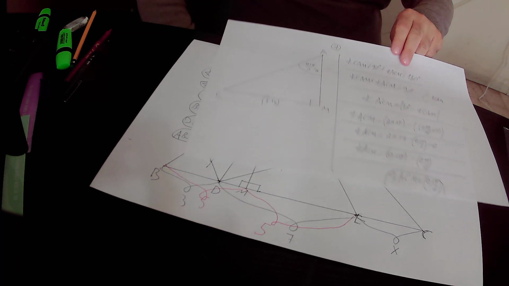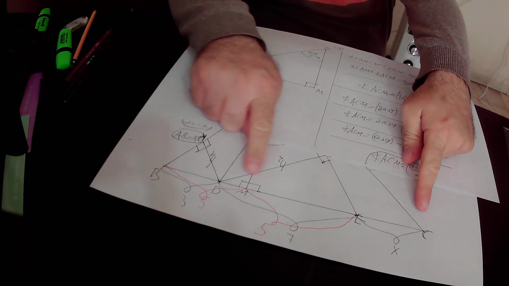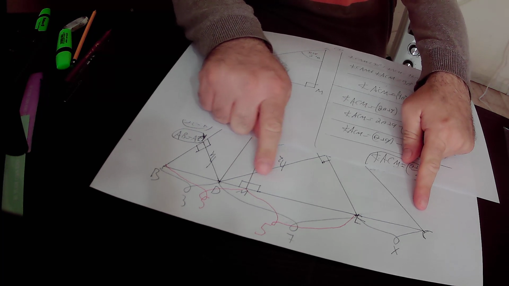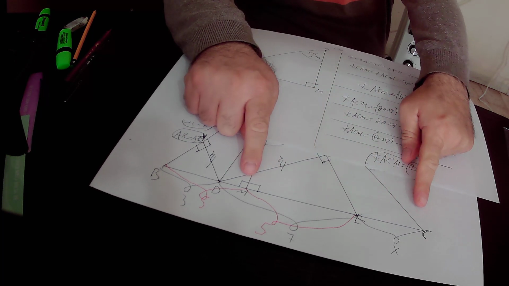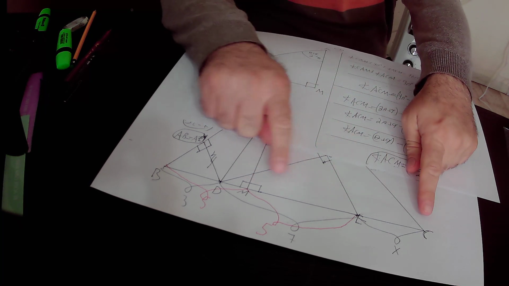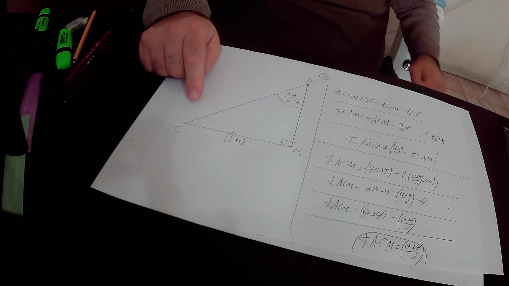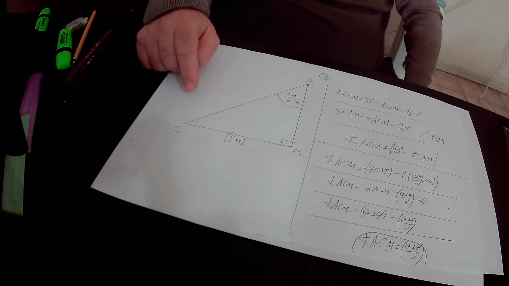And what is the value of CM? CM, or MC, equals ME plus EC. So it is ME that is 5 plus EC that is X. So in conclusion, we found out that CM equals 5 plus X. Okay?